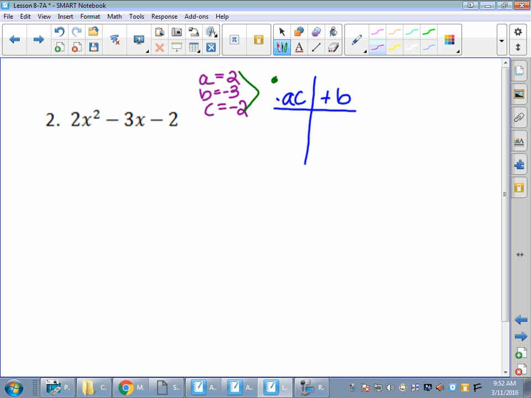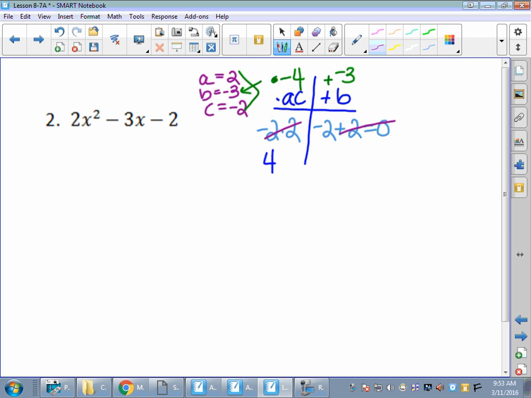So what is a times c, or 2 times negative 2? I'm looking for something that multiplies to negative 4 and adds to negative 3. So my first thought is always negative 2 times 2, right? Will that add up correctly? Negative 2 plus 2 equals 0, not what we're looking for. What else multiplies to negative 4?